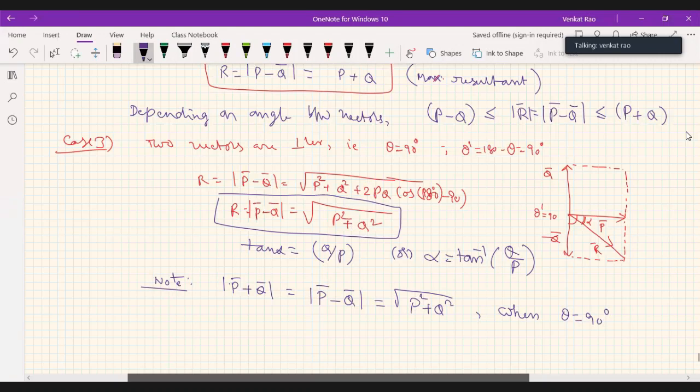One more question: what is the condition for the magnitudes of the sum and difference of vectors to be equal? The angle between vectors is 90 degrees.